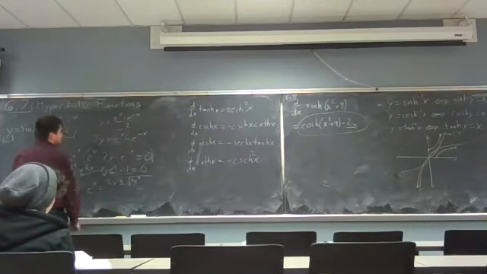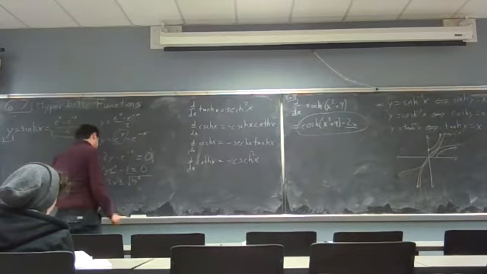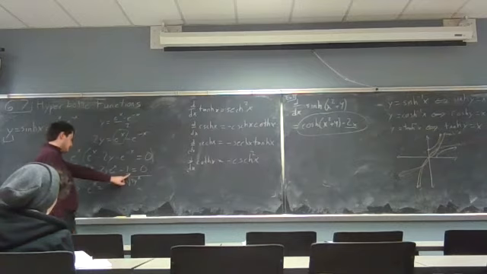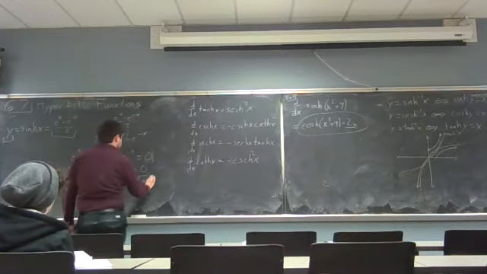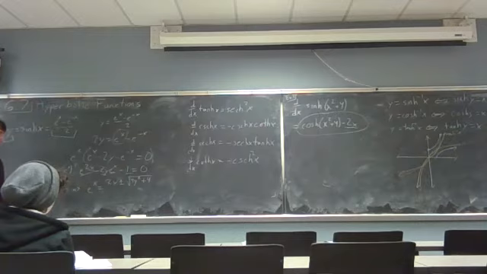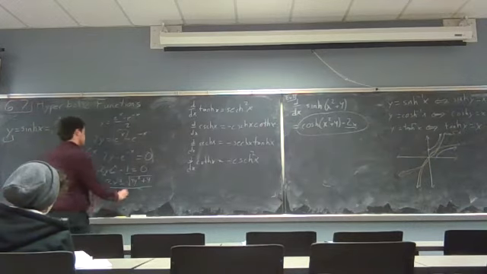Okay. What's going to come next? We're going to have minus 4 times minus 1 times 1, so we get plus 4. And this is all over 2.